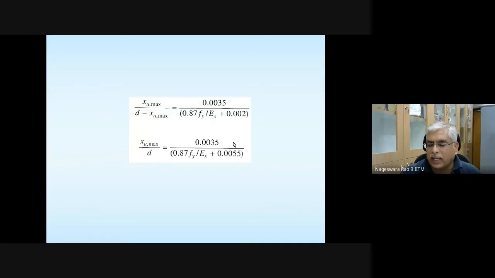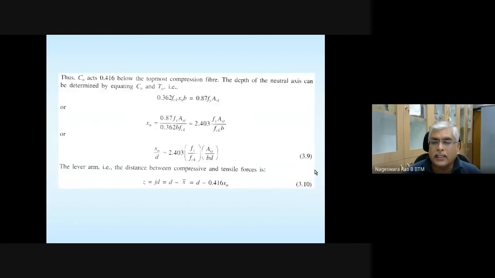And given any other section, hope you have taken note of this one. Given any other section, you need to calculate Xu divided by d using this relation and make a comparison. Please note that let's focus only on analysis at this stage.